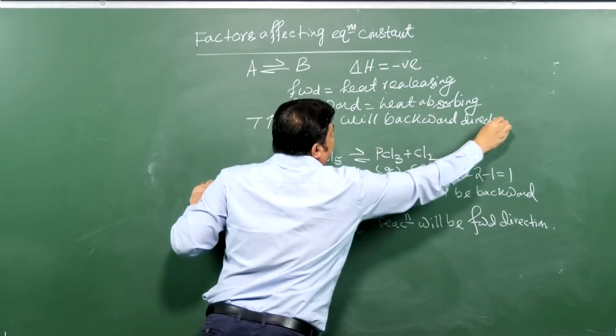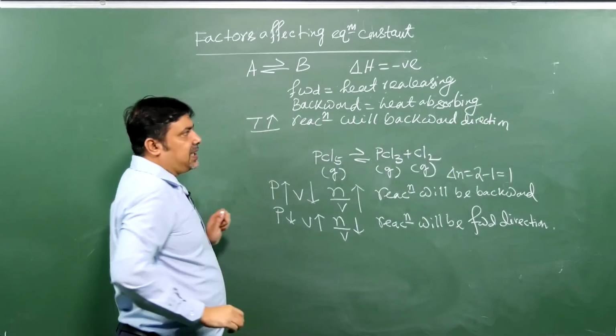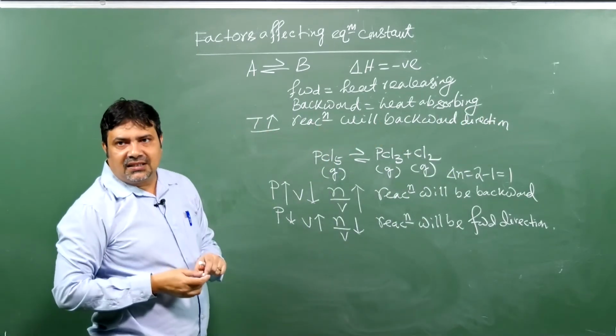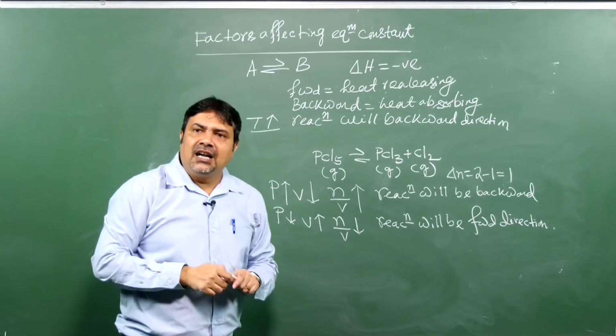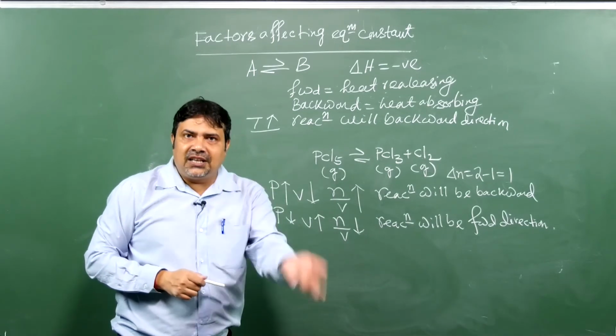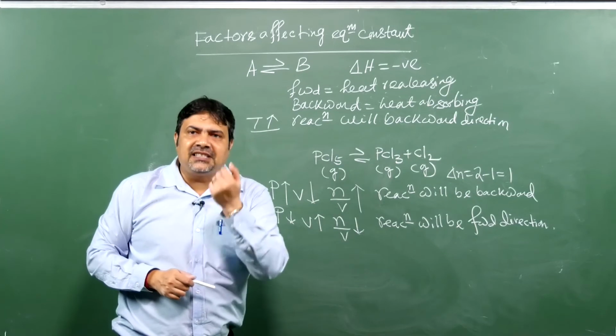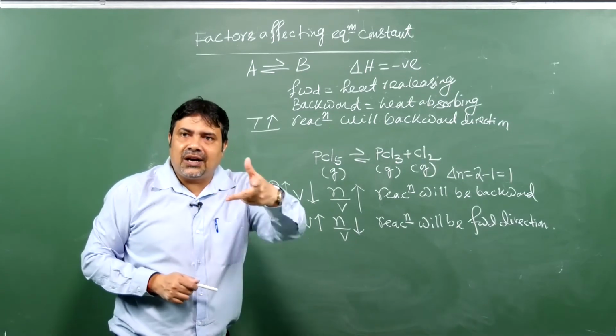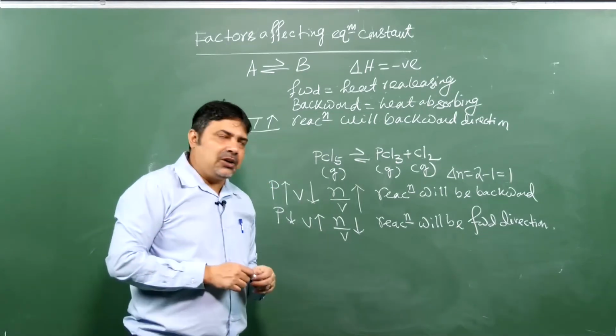That is for an exothermic reaction. It will be reverse for an endothermic reaction. If the forward reaction is endothermic and the temperature increases, the reaction will go in the forward direction. That is what you have to understand.